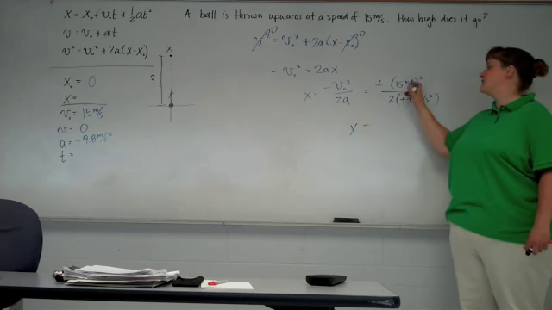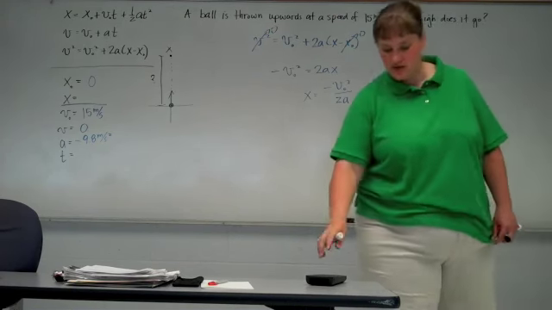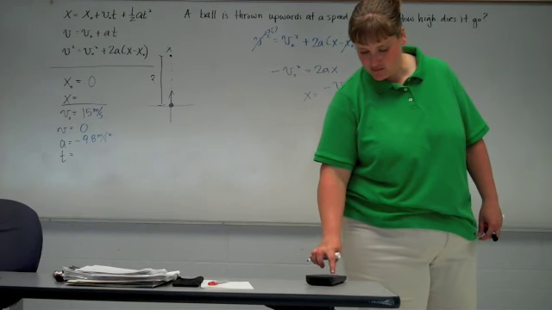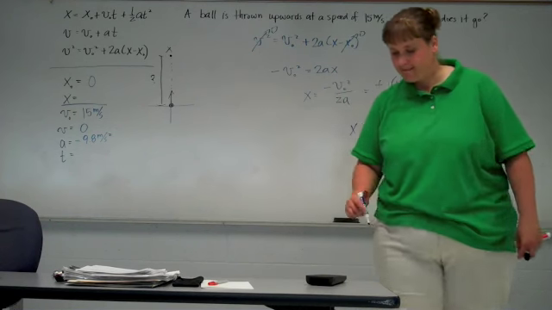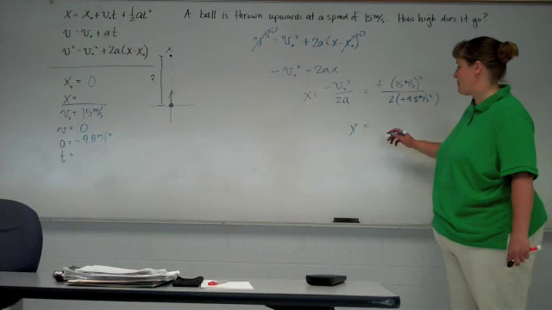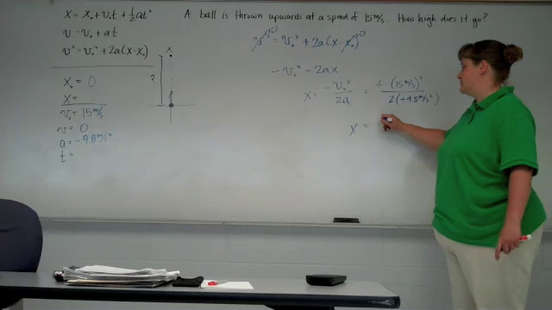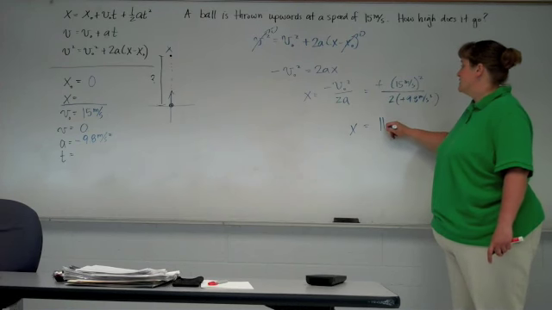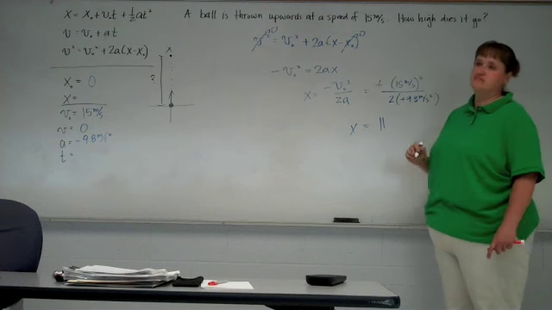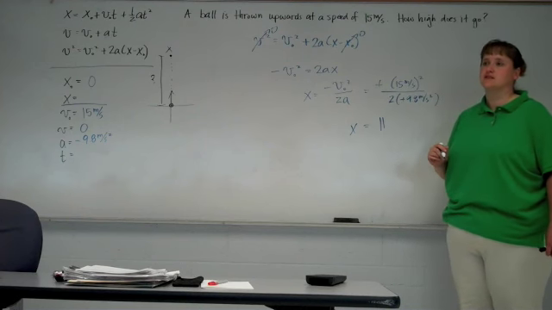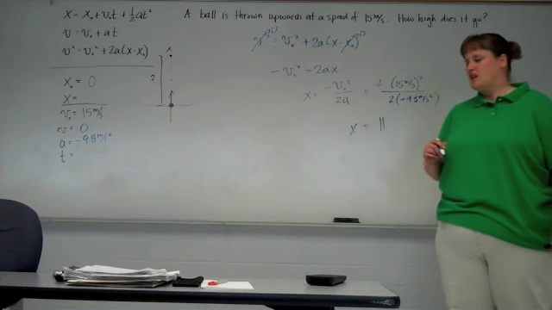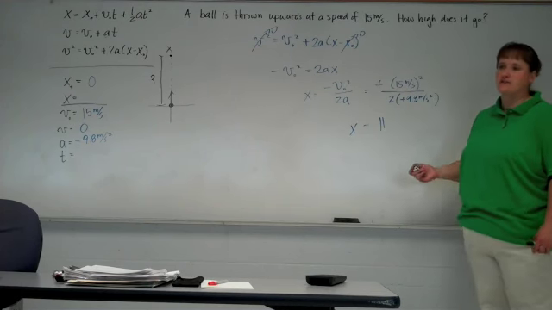So x will equal 15 squared over 2 times 9.8. Now, I get 11.497, and so on. A lot of decimal places. We should technically have 2 significant figures, so 11. If you want to write 3, 11.5 would be fine.